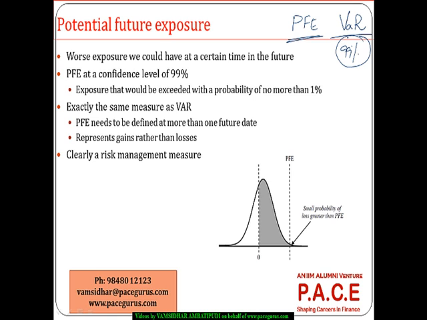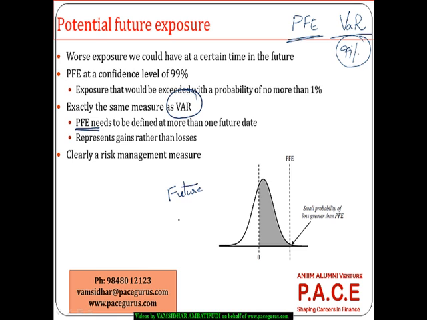Similarly, in case of potential future exposure, I am saying there is a 1% chance that the exposure will be greater than the PFE. So you see a lot of similarities, but the only difference is that for potential future exposure, I have to define it for many future dates.